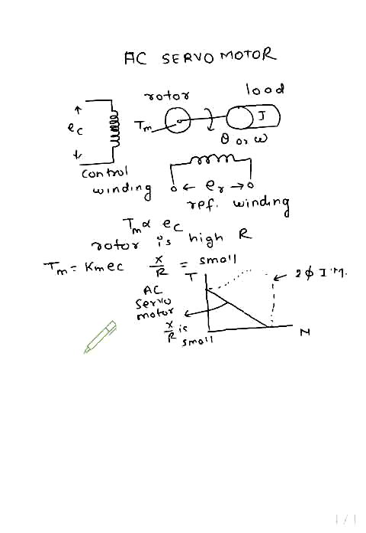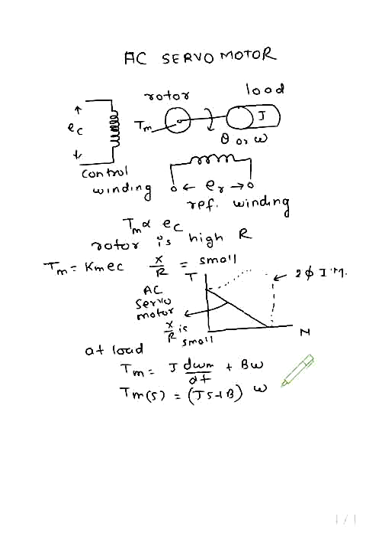At load, Tm is equal to J d omega m by dt plus B omega, where B is the viscous friction constant. So we can write in Laplace, Tm(s) is equal to (Js plus B) into omega(s).